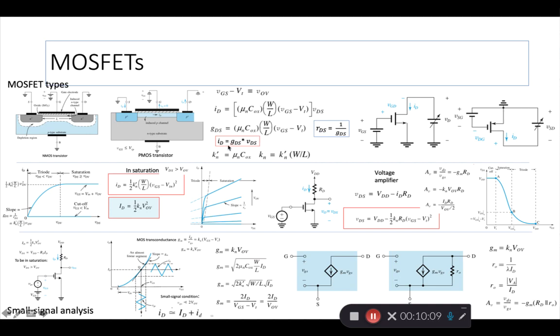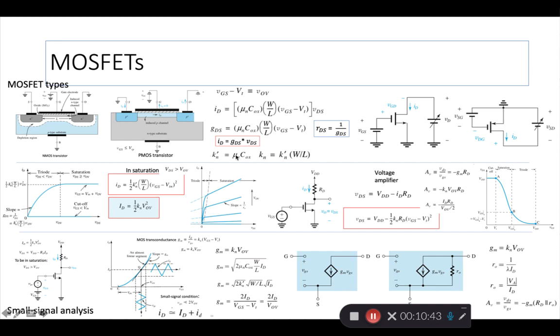And then you can write the drain current as voltage by resistance, right, V by R. That is because GDS is a conductance, it's the opposite of resistance, 1 by resistance. This formula also makes sense and is useful. So there is this factor Kn prime, which is the product of this, and then there's a Kn, which is the product of this and W by L. So these are new factors that we were introduced to.